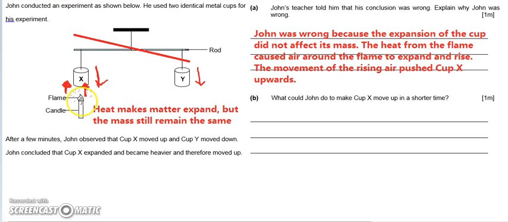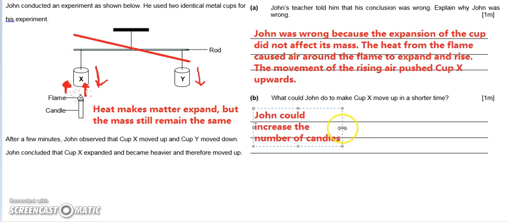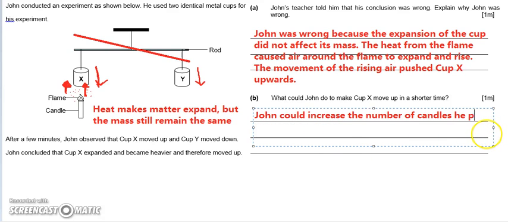So if one candle can cause it to tilt up, John could increase the number of candles he placed under the cup X. That's one possibility, and I think that's one very good possibility.